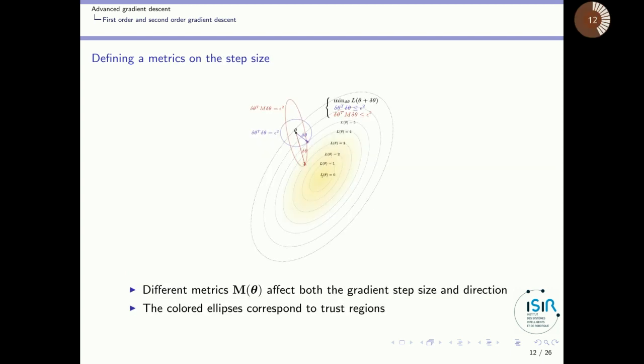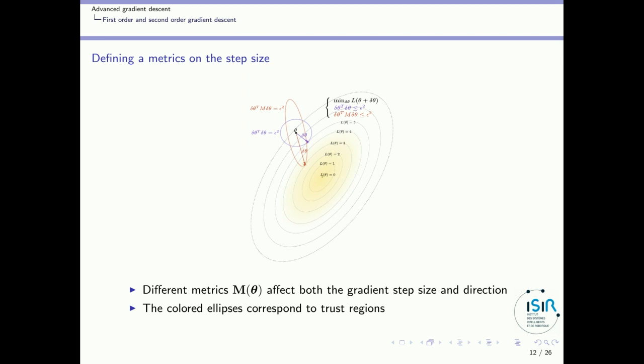Okay, so visually, let's consider that we have our loss function. So our local optimum is here, and here you have different lines of equivalent values of the gradient, and here that's our current point.